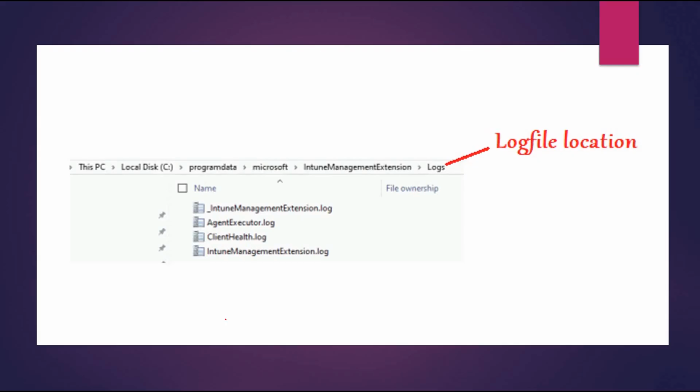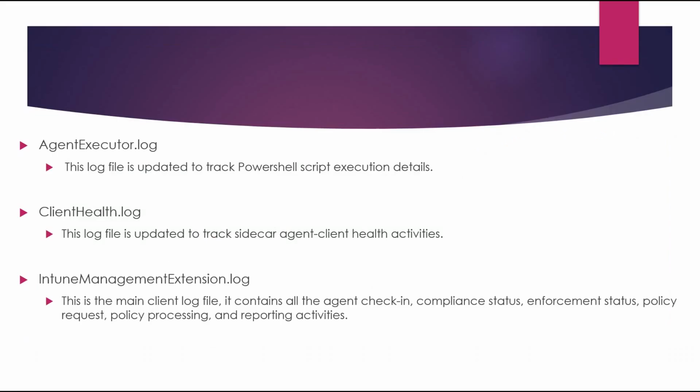So as far as the log location is concerned, I'll very quickly go through this. We have already spoken that this is the location: C drive, program data, Microsoft, Intune management extension, and logs. These are all the log files: Intune management extension log, and then we have agent executor and client health log.